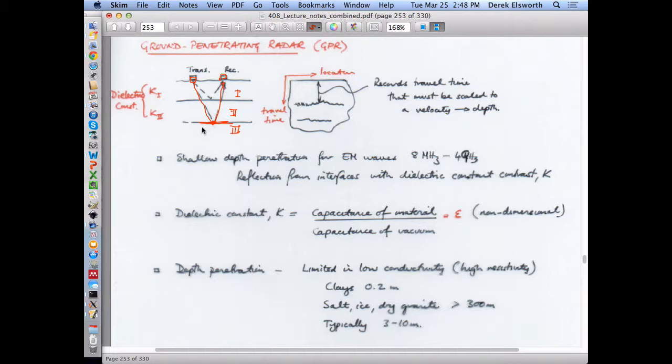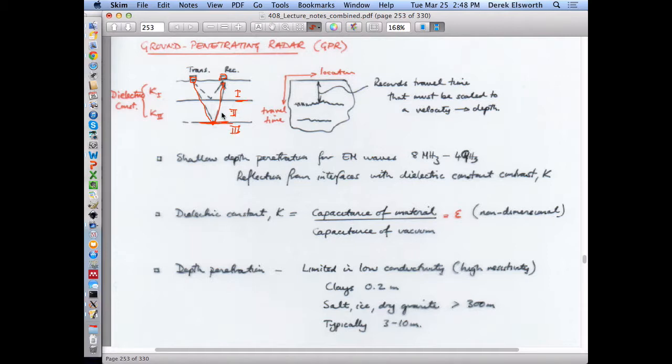There are two essential features. One is that the proxy here is not resistivity or changes in the Earth's magnetic field. It's the dielectric properties of the material you're measuring. If you want to measure stratigraphy, then the different rocks have to have different dielectric properties, which they do.